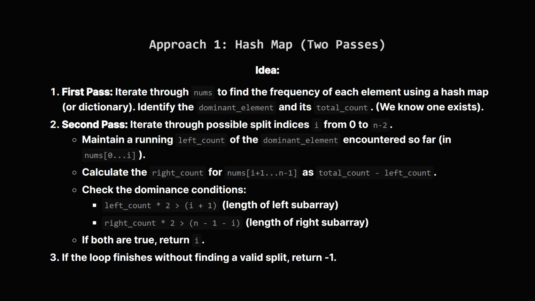This means checking if right_count * 2 is strictly greater than the length of the right subarray, which is n-1-i. If both these conditions are true, we've found a valid split. Since we are iterating i from 0 upwards, the first time we find such an i, it must be the minimum valid index. We return i immediately. If we go through all possible split indices i from 0 to n-2, and don't find any that satisfy both conditions, it means no valid split exists, so we return -1.